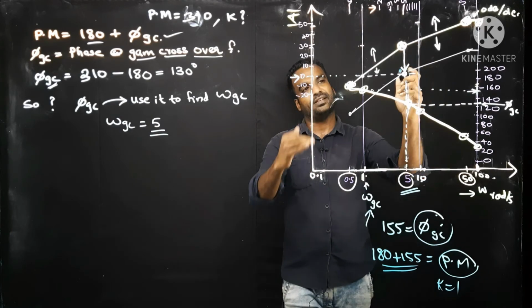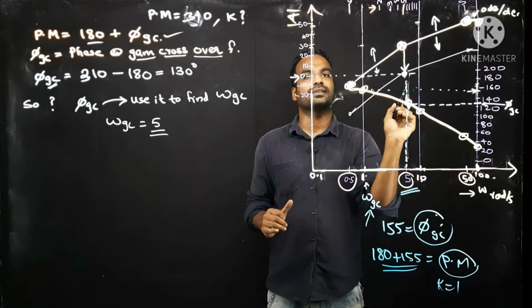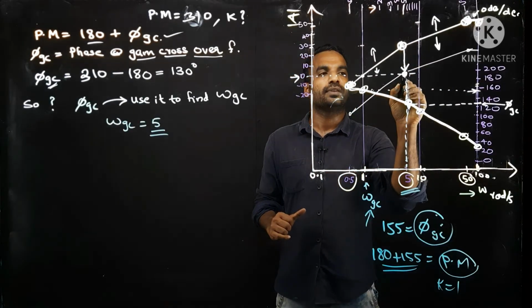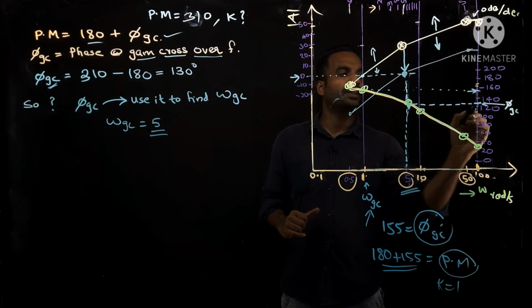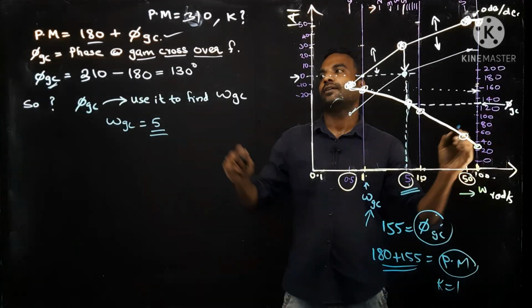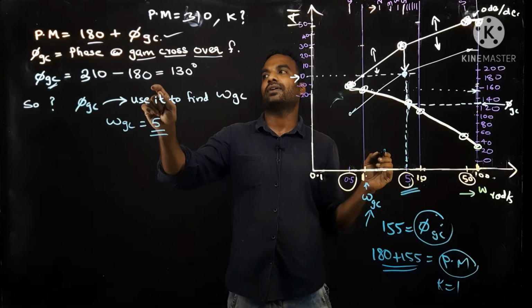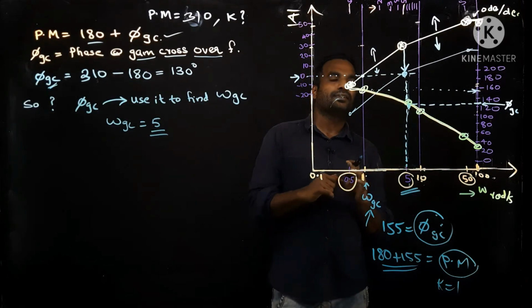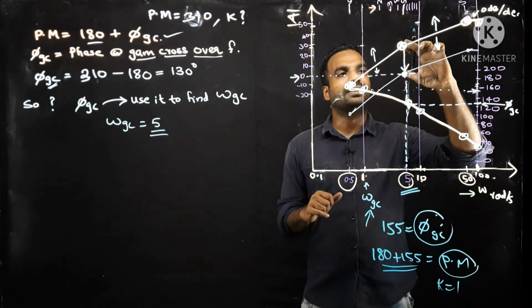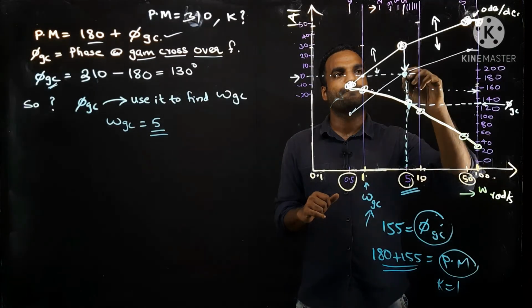Just a shifting. Please look. Now it is clear. At 0, gain crossover happens, and at this frequency we will get phi GC, that is 130. 130 plus 180 will give 310.